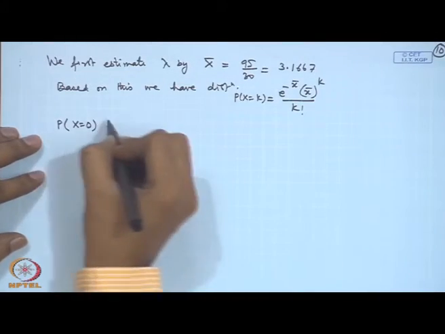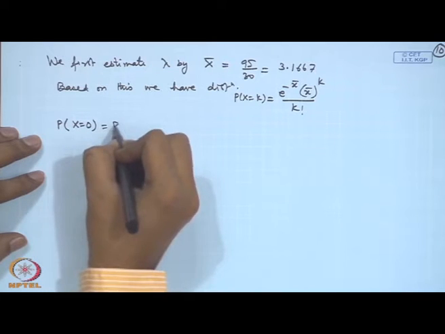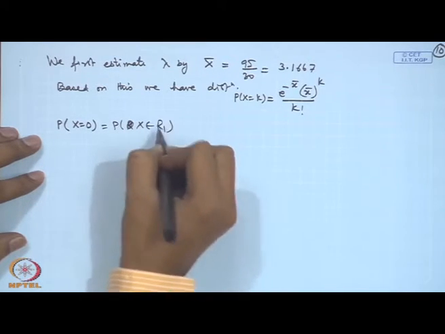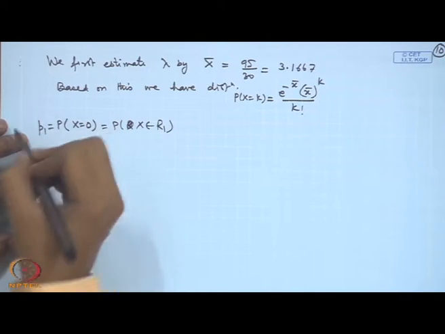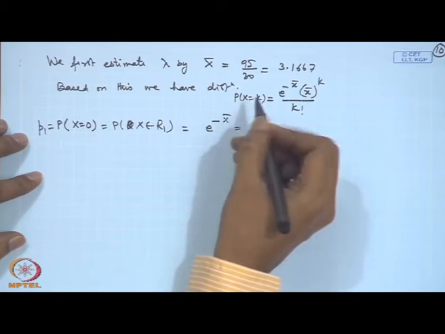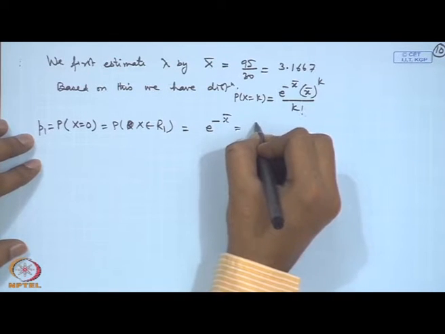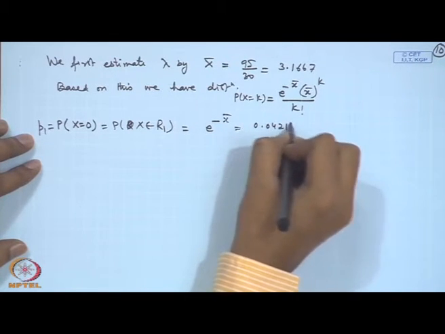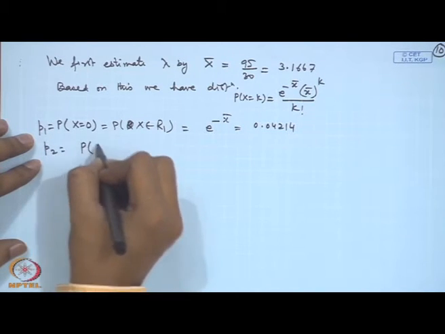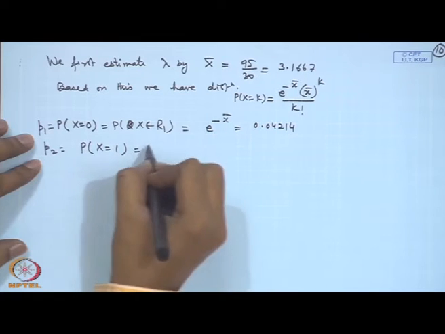What is the probability that x belongs to region 1, this is my P 1. So, that is equal to e to the power minus x bar, which of course can be calculated to be 0.04214.